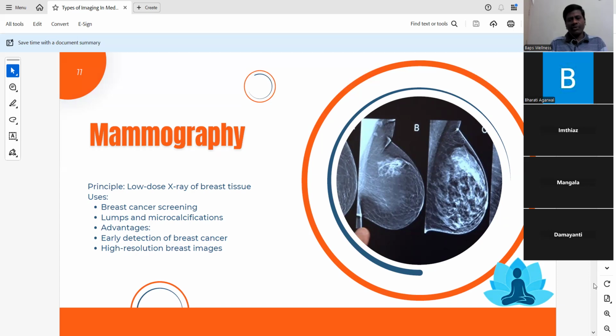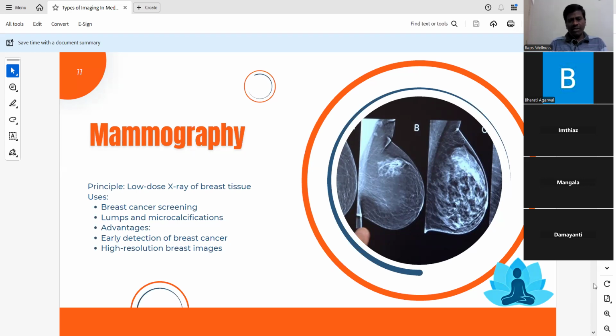So it is commonly used for breast cancer screening and also for evaluating lumps and microcalcifications, small calcifications, hardenings. So with this, small tumors can be identified in the early stage itself, and it's a non-invasive one.